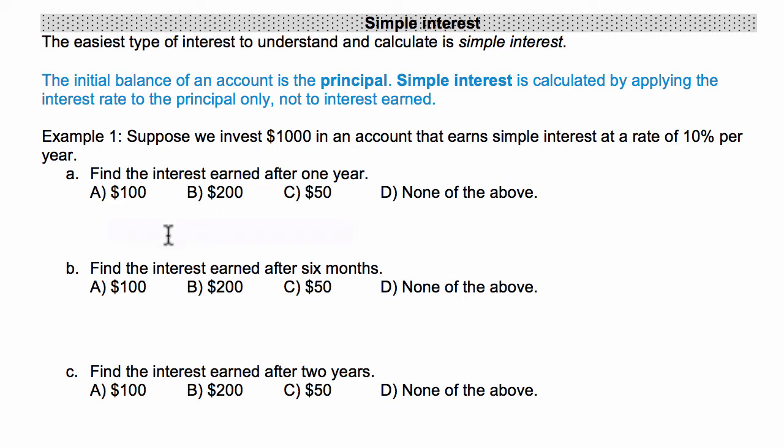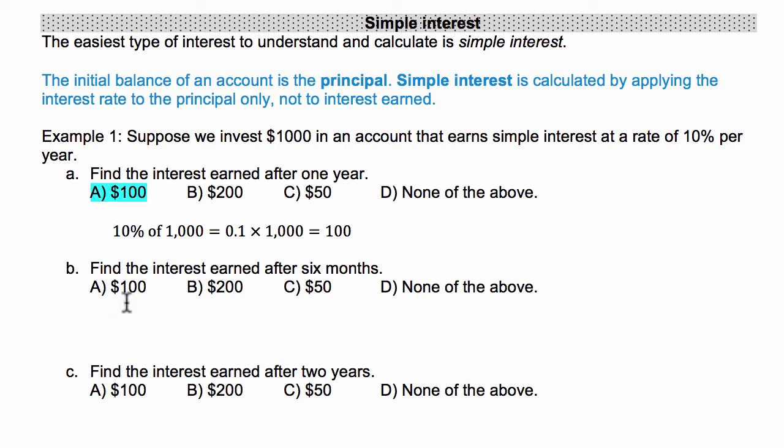Part A. Find the interest earned after 1 year. Since the yearly interest rate was 10%, and 10% of 1,000 is 0.1 times 1,000, or 100, the interest earned after 1 year is $100.